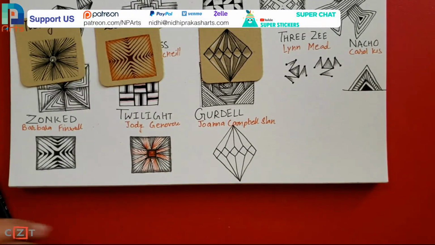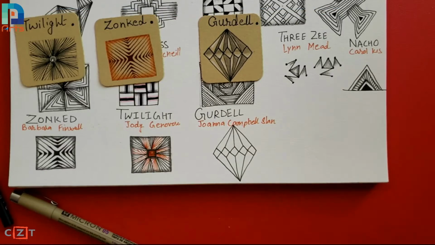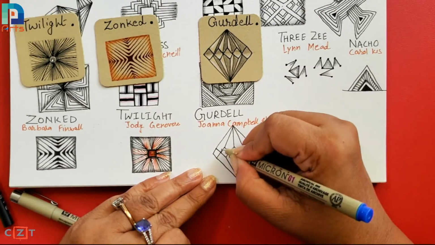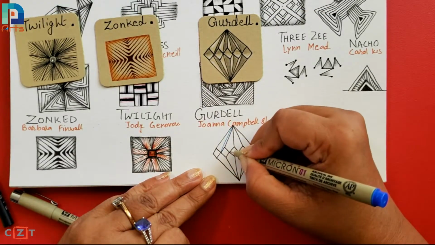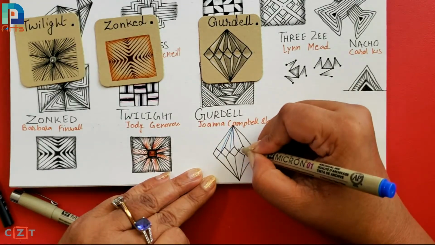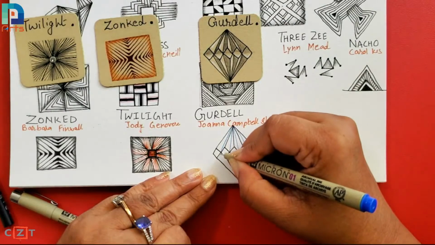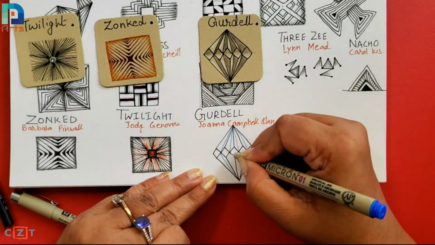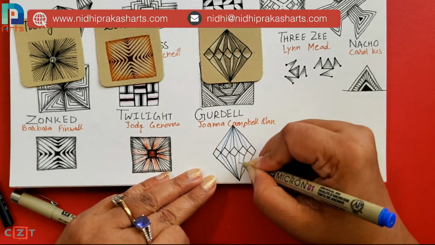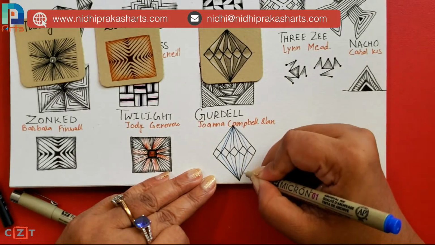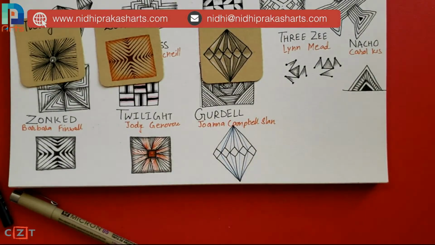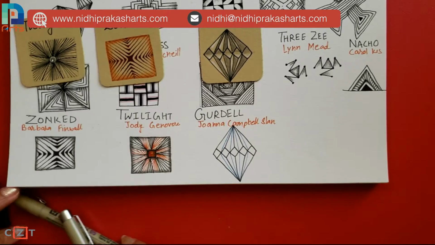And then let me change the pen, and then you draw the inner lines. Like this, and then you keep filling them whatever way you feel like.